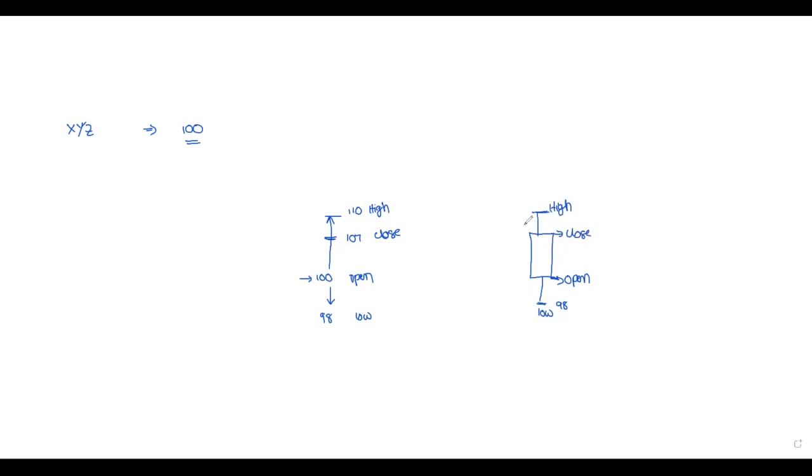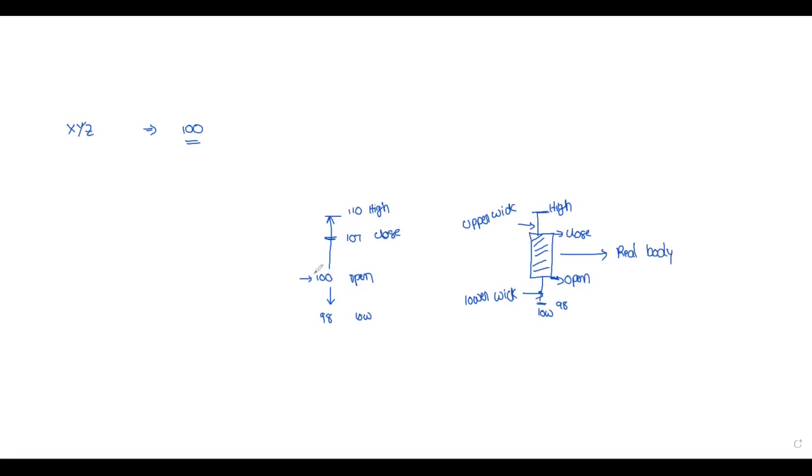And these lines, these wick lines, we will call the upper wick. Down here we will call it the lower wick. And the rectangular box we will call the real body.